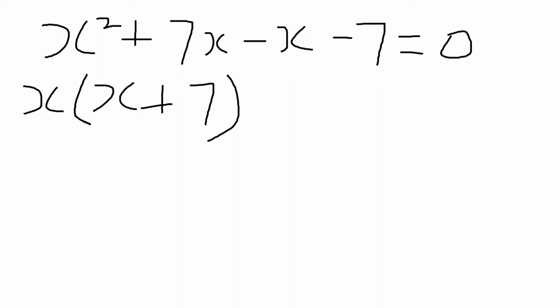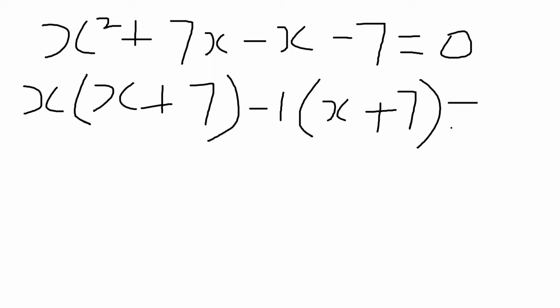In the other two terms, negative x minus 7, we have negative 1 common to both of them, so we bring out negative 1, we are left with x plus 7, and this equals 0.